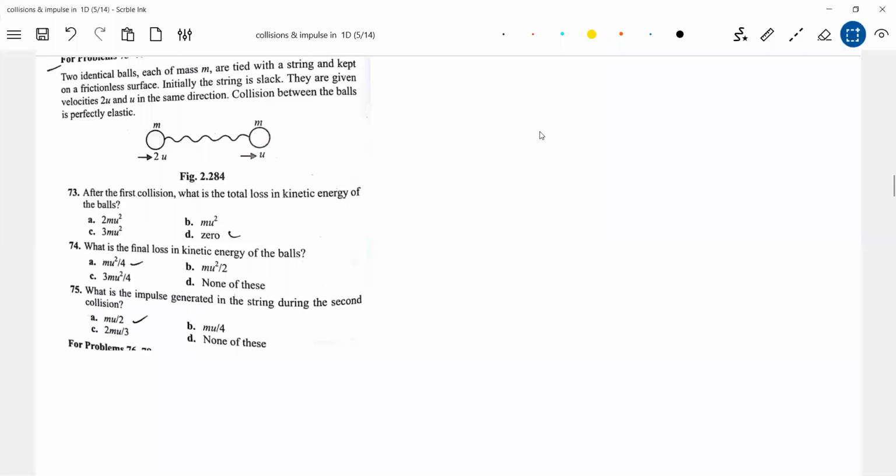Two identical balls, each of mass m, are tied with a string and kept on a frictionless surface in which the string is slack. Tension is 0. They are given velocities 2u and u in the same direction. Collision between the balls is perfectly elastic. So take the condition, this one. This is m.